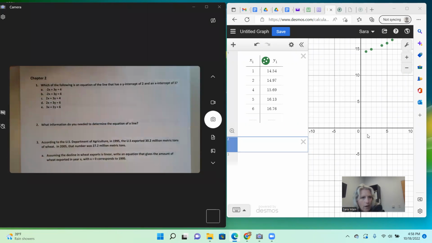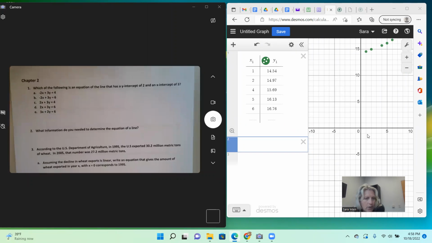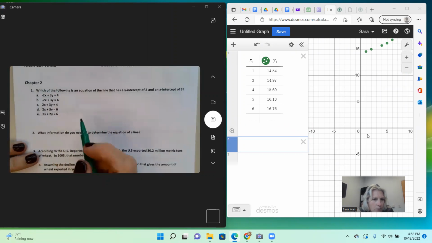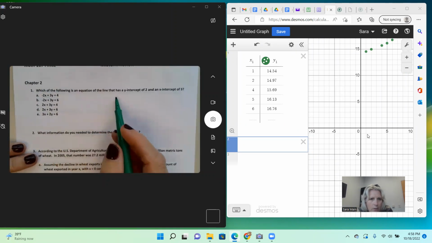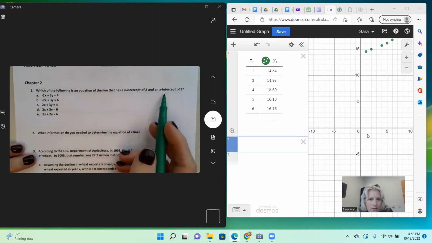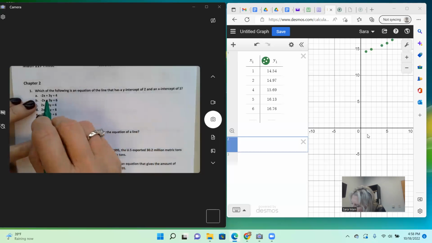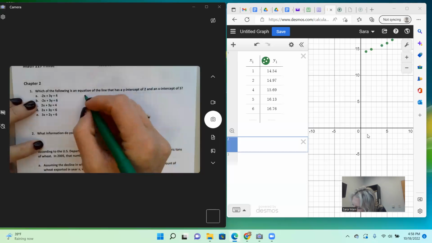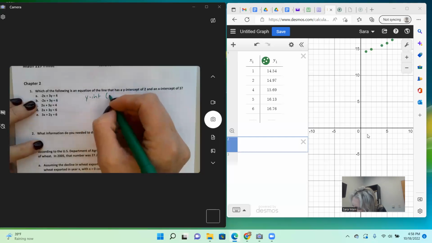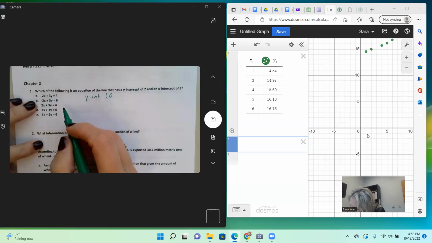So question number 1, this is for the chapter 2 review. It says, which of the following is an equation of the line that has a y-intercept of 2 and an x-intercept of 3? So to find the x and y-intercept, the y-intercept is when x is 0.